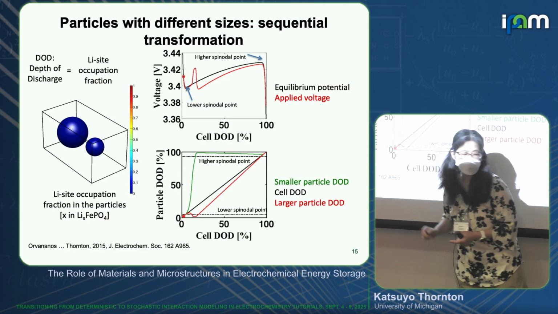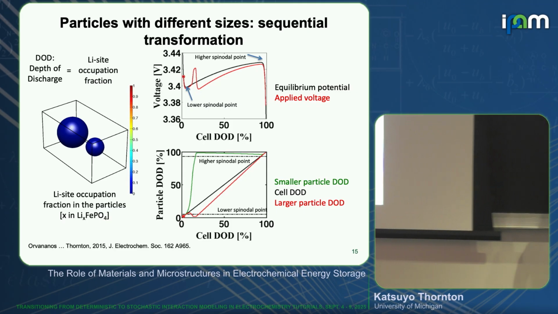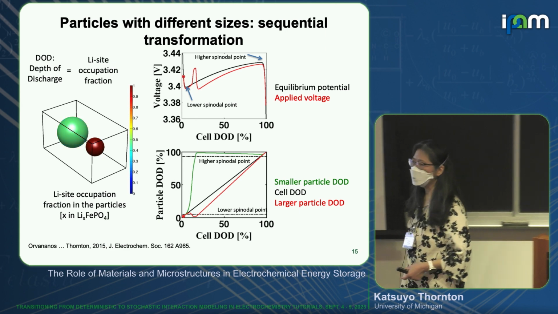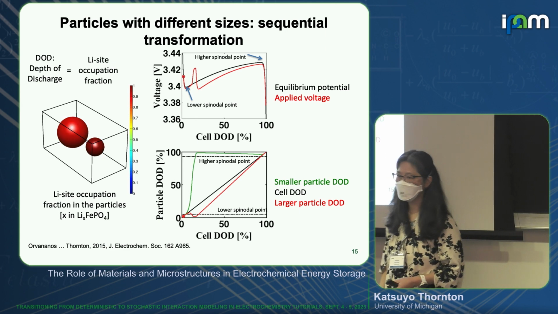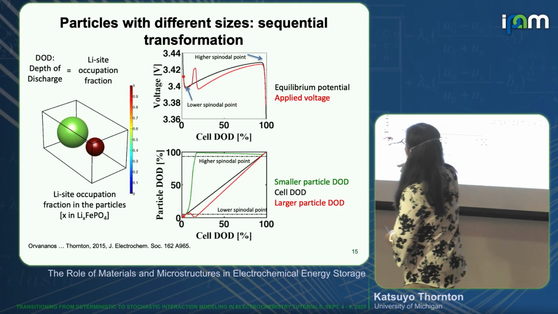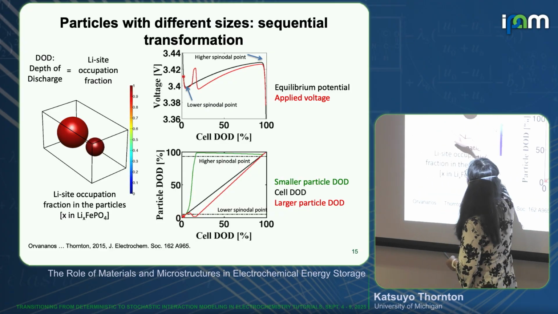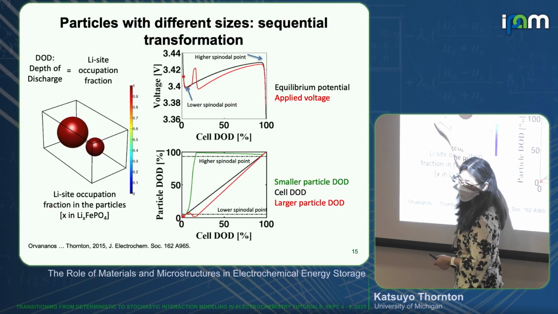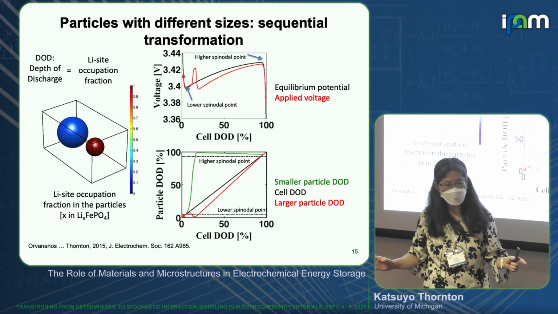And the simulation looks like this. The small one gets lithiated first, and then this just repeats. So the small one lithiates first, and then the larger one lithiates later, which overall makes sense.